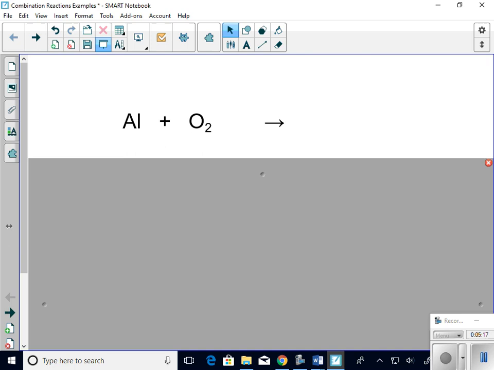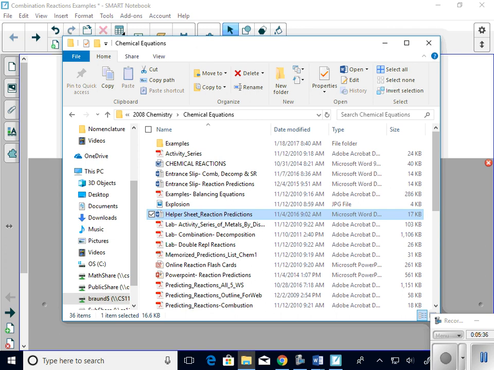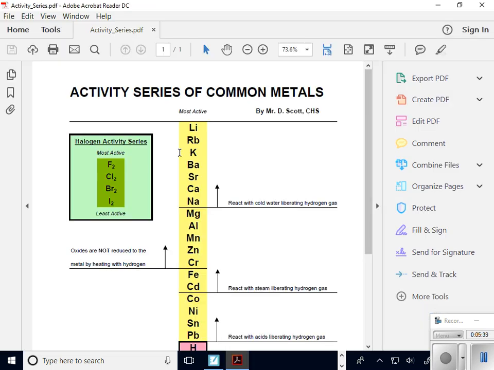Find copper on your activity series. Point to copper on your activity series. To the right of copper on your activity series. Okay? You know what? I'm going to pull one up here too. It's that easy. Okay?